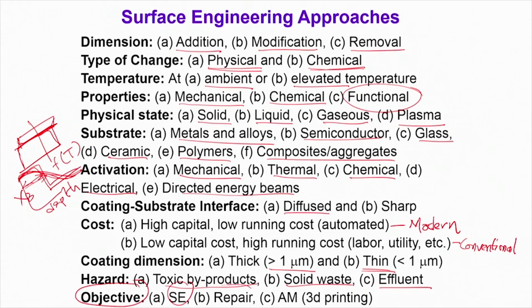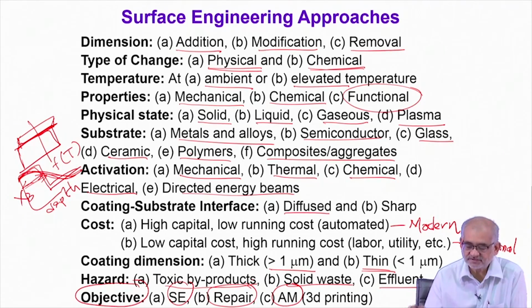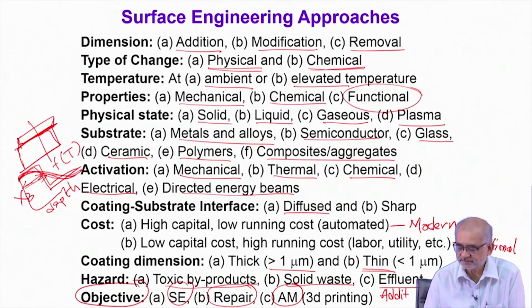They could also be useful for various repair, refurbishment and reclamation jobs. And most importantly, this is the modern approach, the modern scope of graduating surface engineering to the wider scope of application, which is essentially additive manufacturing.